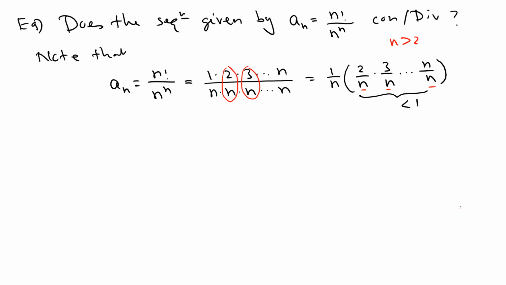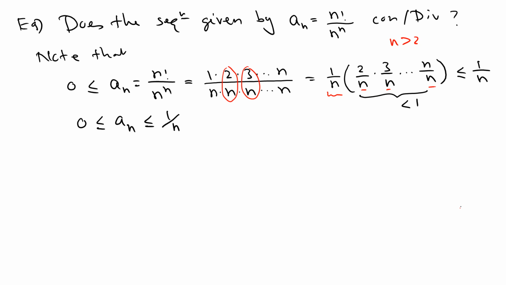Since this whole expression is less than 1, a_n has to be less than or equal to 1 over n. That's true. Also, these numbers are all positive, so you can put 0 there. Now we have 0 less than or equal to a_n less than or equal to 1 over n.